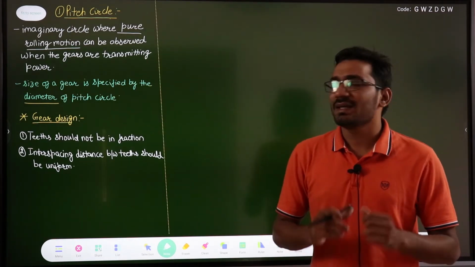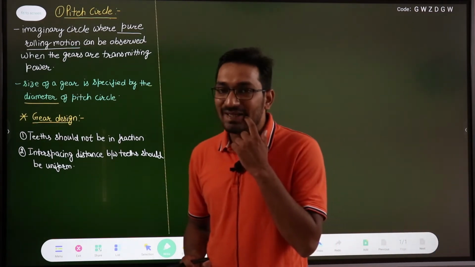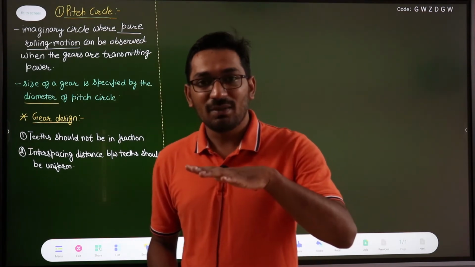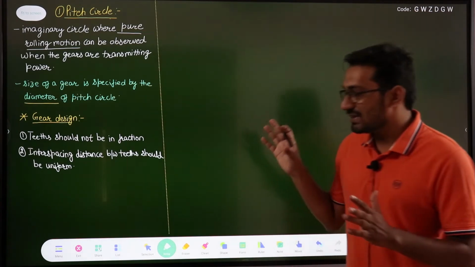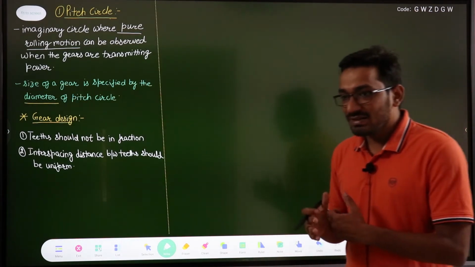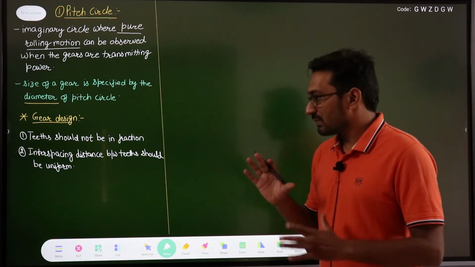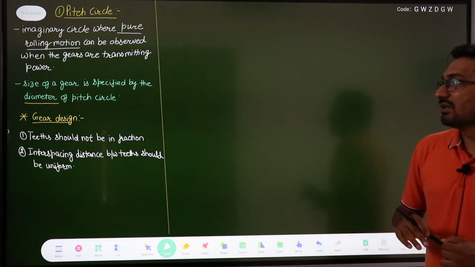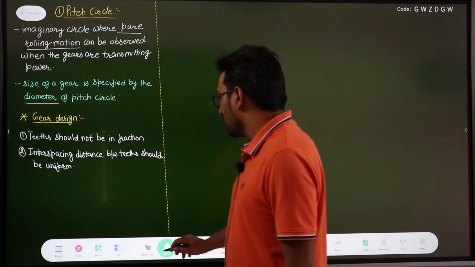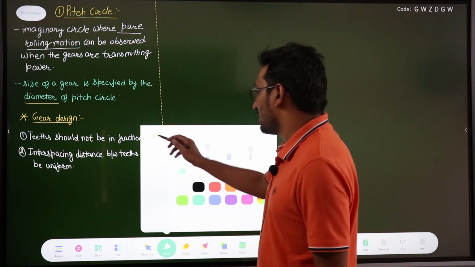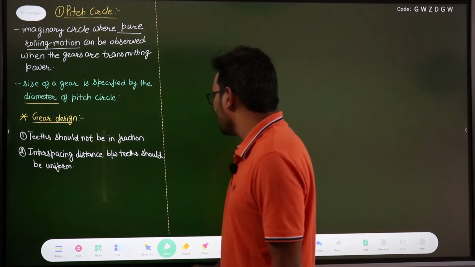Now if we talk about the basic gear design, it will be a part of your machine design syllabus, right? We will discuss gear design there, but in brief, as common sense, the condition in gear design is that the teeth in the gear should not be in fraction.